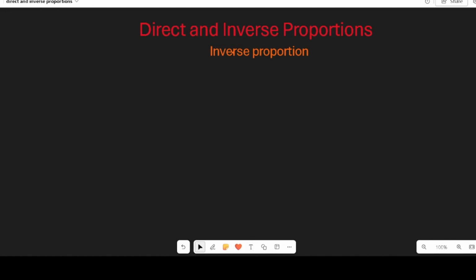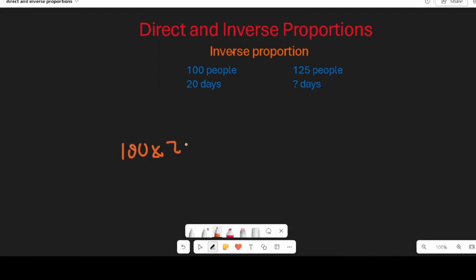The most common way to solve this problem is: 100 into 20 would be 2000, sorry. Then you divide this by 125, and this would be 16. So it would be 16 days.